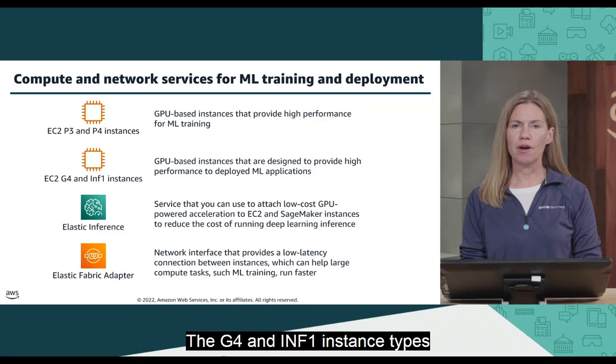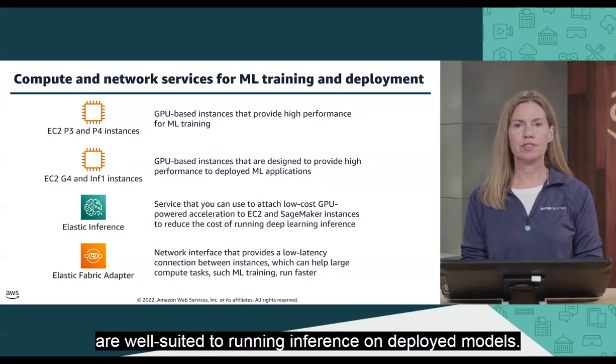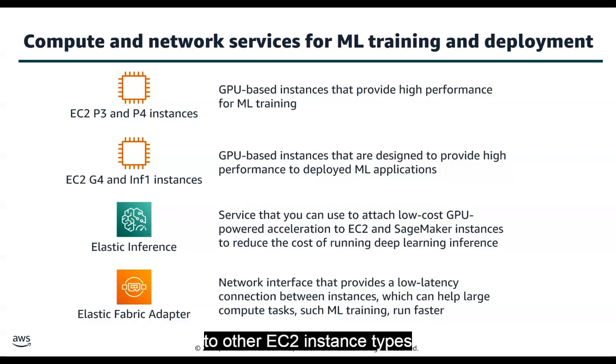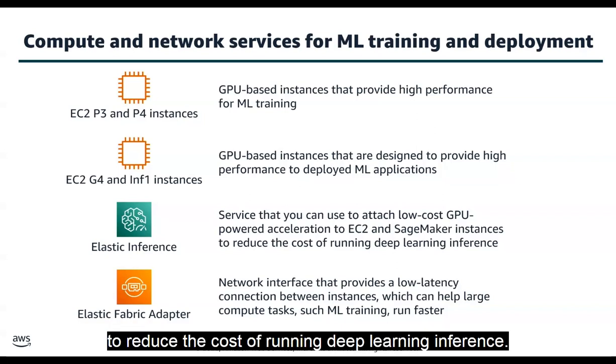The G4 and INF1 instance types are well-suited to running inference on deployed models. With the Elastic Inference Service, you can attach low-cost GPU-powered acceleration to other EC2 instance types to reduce the cost of running deep learning inference. Elastic Fabric Adapter is a network interface that provides a low-latency connection between instances in a clustered configuration. This can help ML models to train faster.